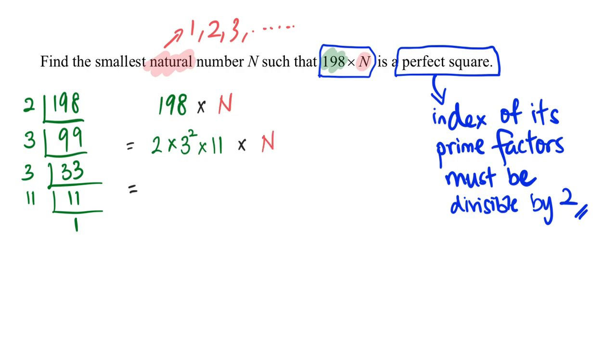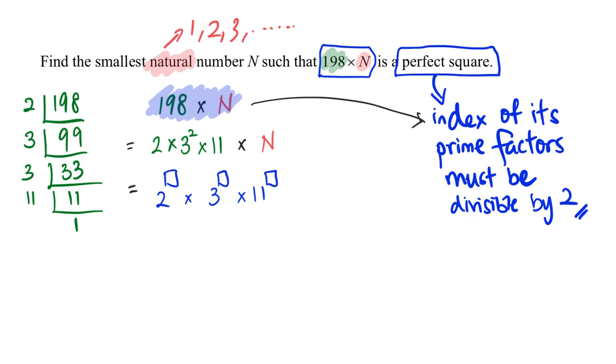And in order for this whole number to be a perfect square, I must make sure that all the powers of its prime factors, here we have 2, 3 and 11, must be divisible by 2.